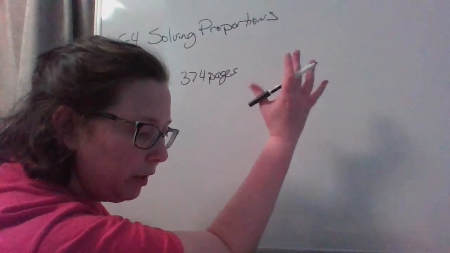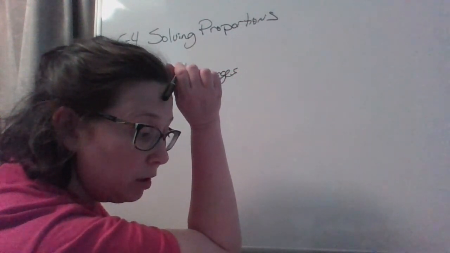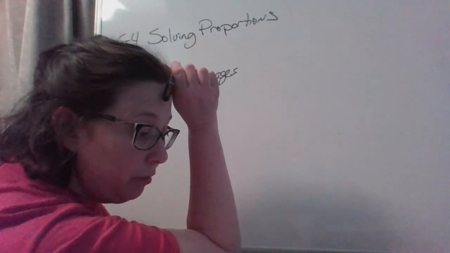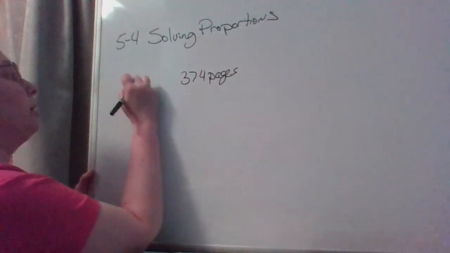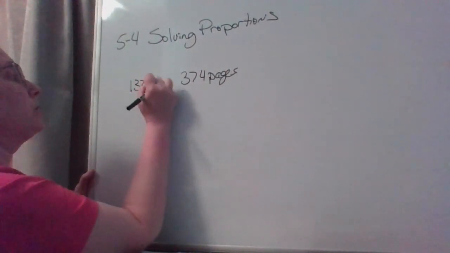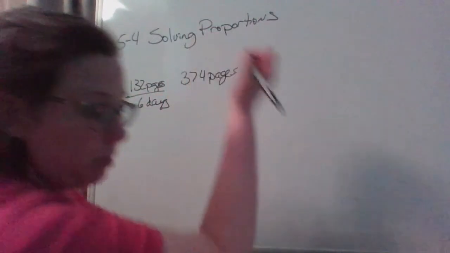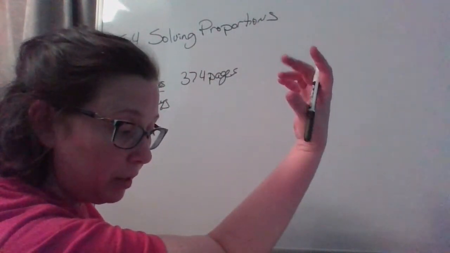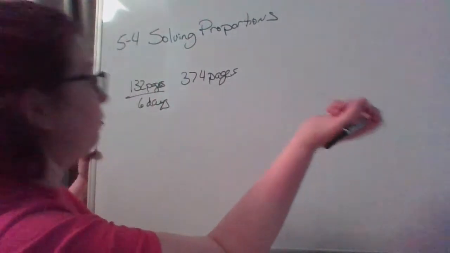If you were reading a 374-page book and it took you 6 days to read the first 132 pages. So you read 132 pages in 6 days. They want you to figure out, if you keep reading at that same pace, how many more days will it take you to finish this novel?